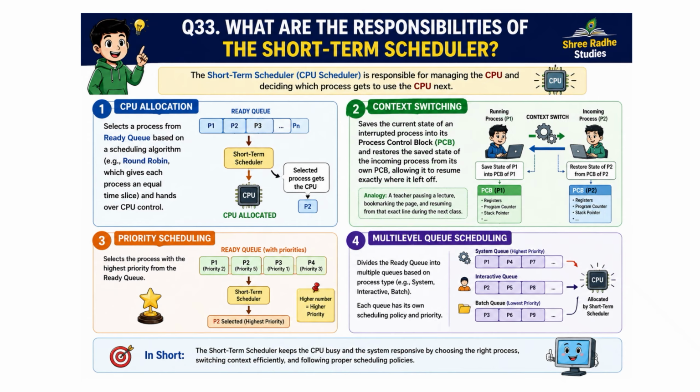This allows processes to resume exactly where they left off. The scheduler also maintains fairness, prevents starvation, and ensures interactive applications respond quickly to user input. Because of these responsibilities, the short-term scheduler is one of the busiest and most critical components of the operating system.